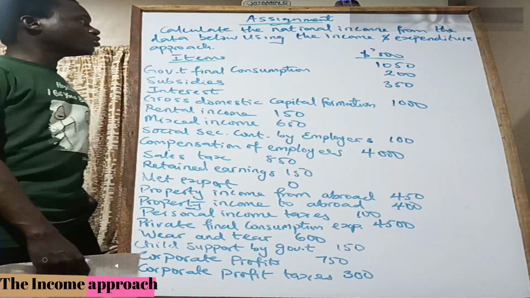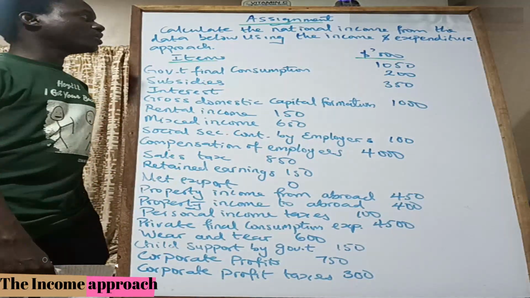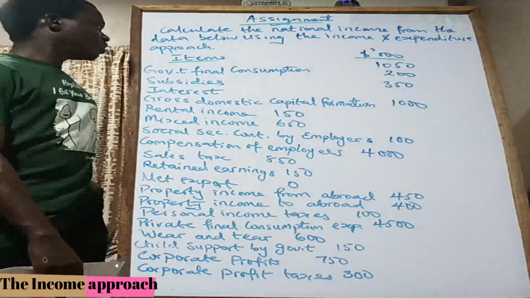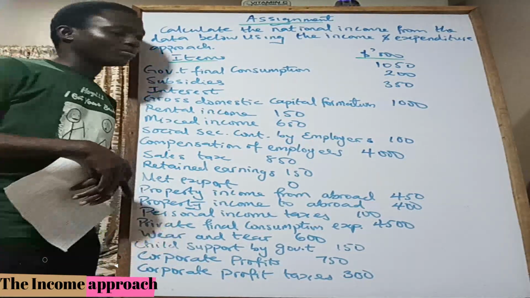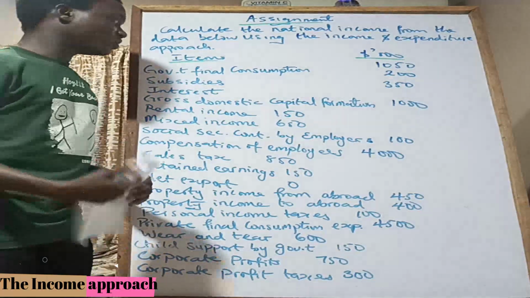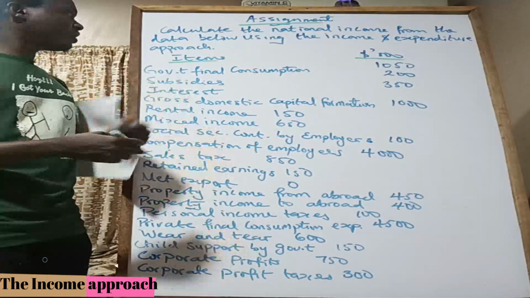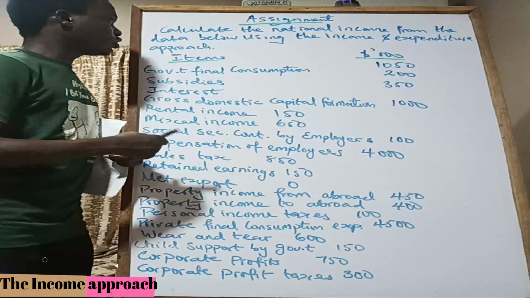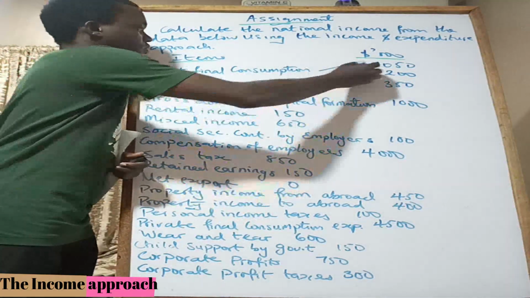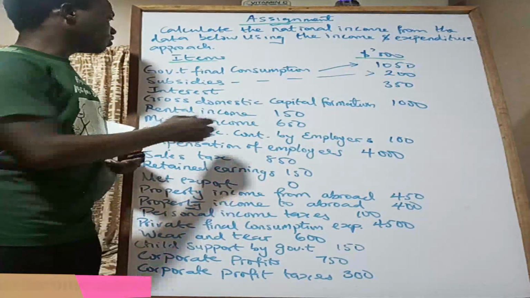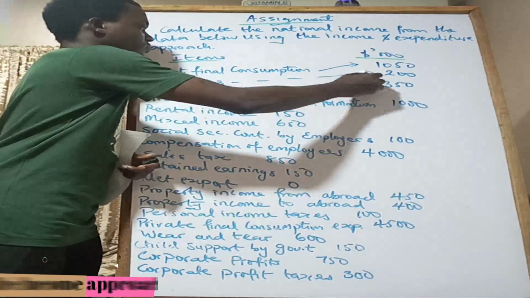Just calculate the national income from the data below using the expenditure and the income approach. Of course, you'll be having items from both the expenditure and income approach. This is going to be testing a lot of things that you've learned up to this moment. So you have government final consumption, 1050. Subsidy is 200. Interest is 300.